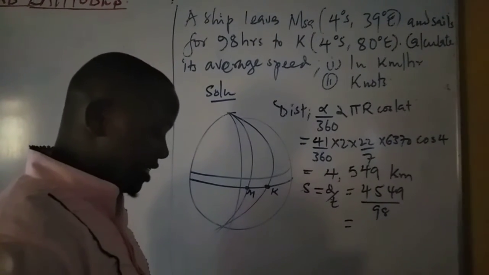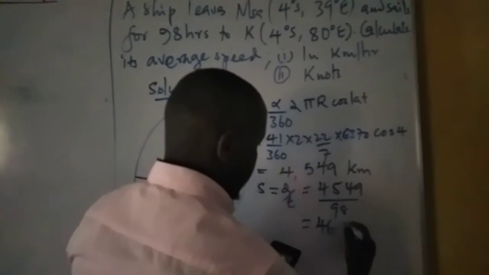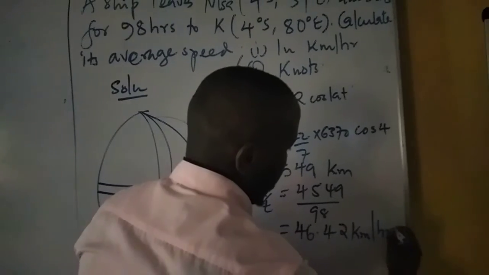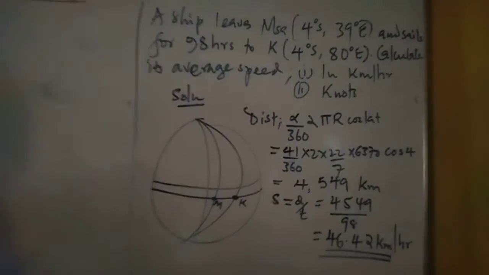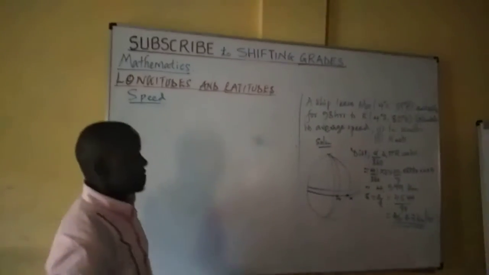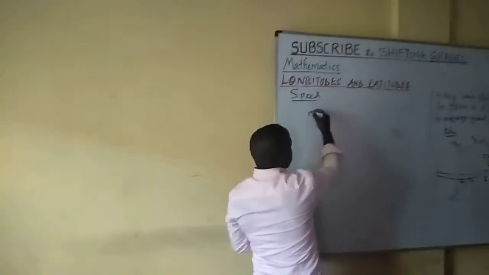When we divide by 98, we will get 46.42 kilometers per hour. Therefore, the speed in kilometers per hour will be 46.42 kilometers per hour. Now, part 2, in knots.